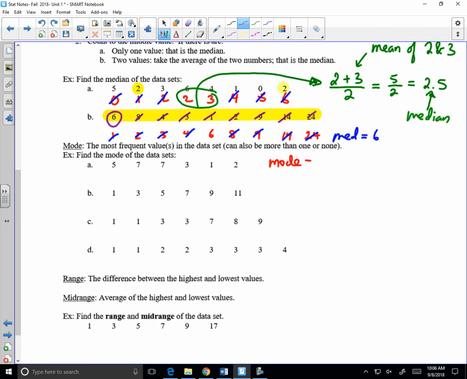So the mode is 7. What about B? None. So we'll write none, or you could do no solution. All right. Important distinction.